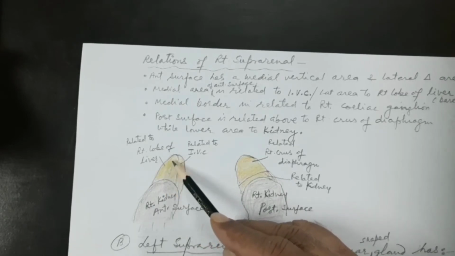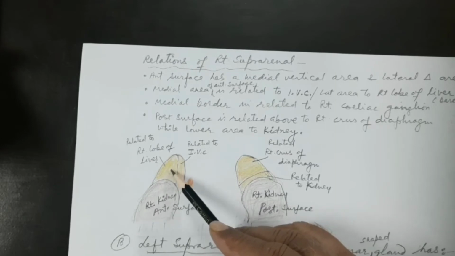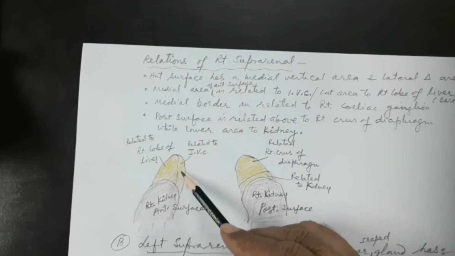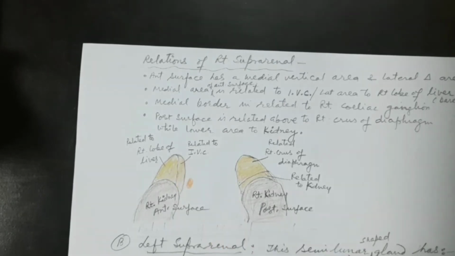So these two areas of the anterior surface are related medially to the inferior vena cava and laterally to the right lobe of the liver.